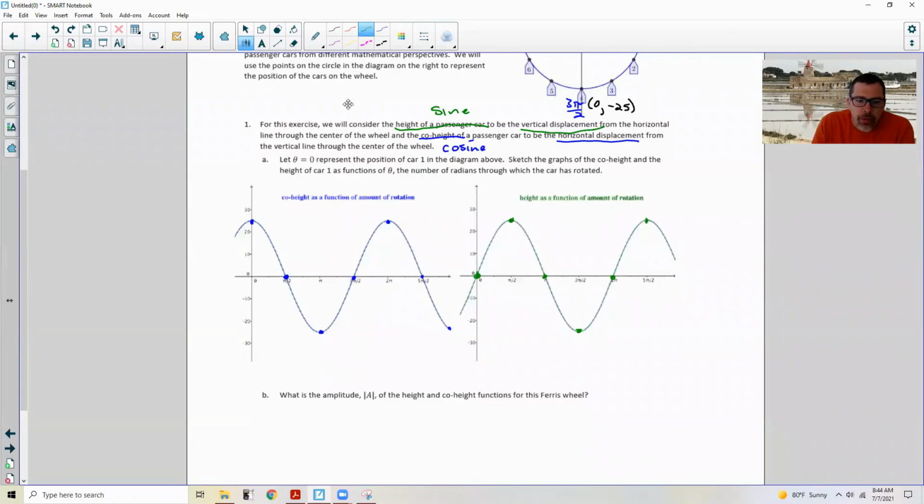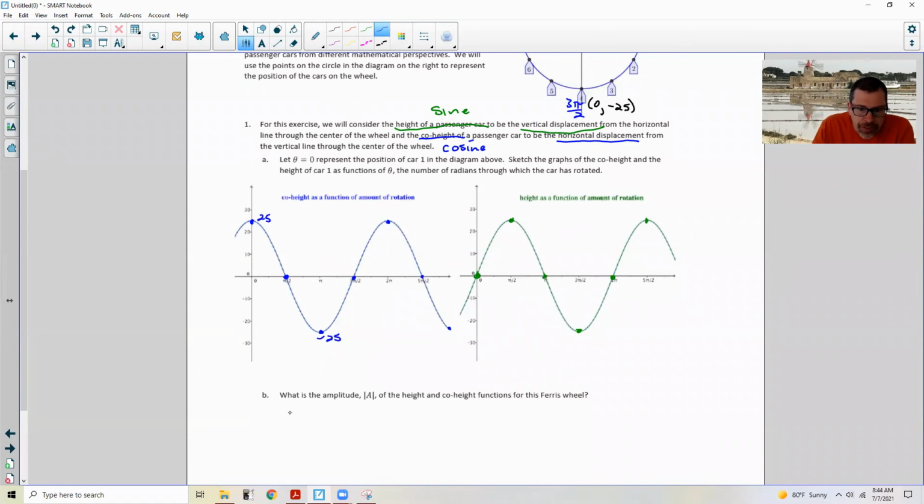Okay, part B says, what is the amplitude, the absolute value of A, of the height and the co-height function of this Ferris wheel? Well, our midline is the x-axis on both. The maximum of this right here is 25. The minimum is negative 25.